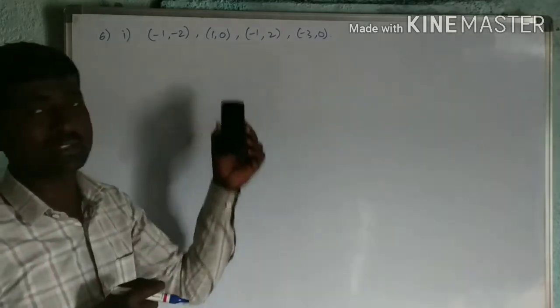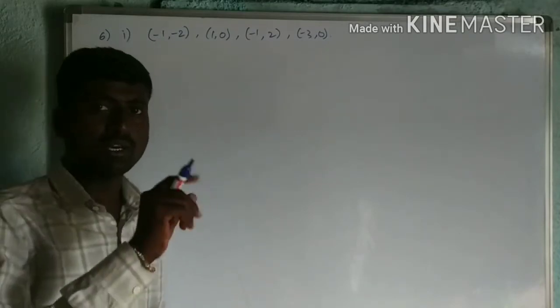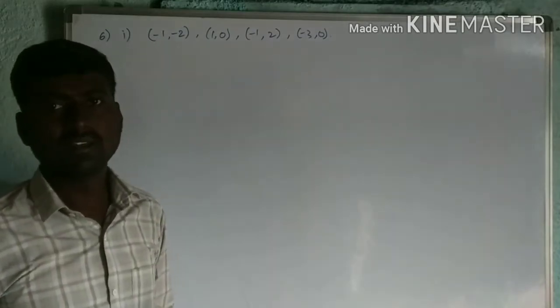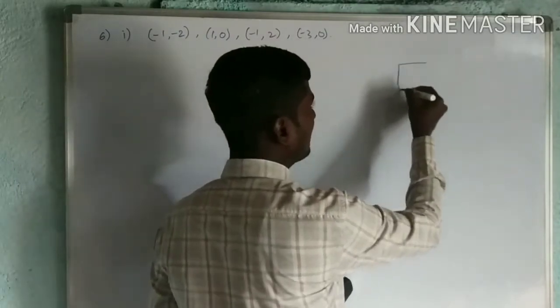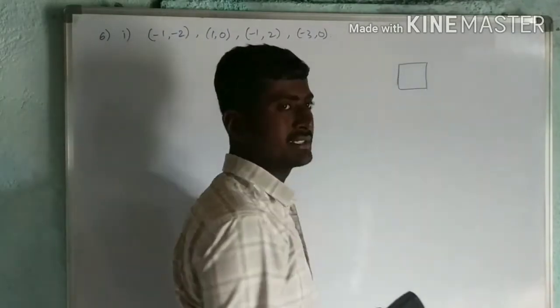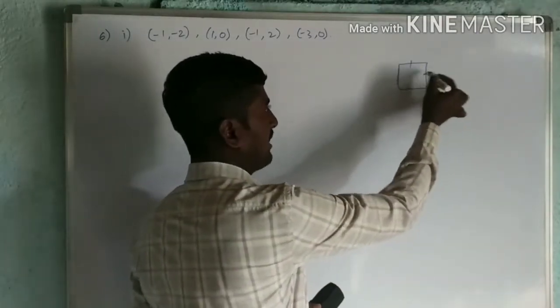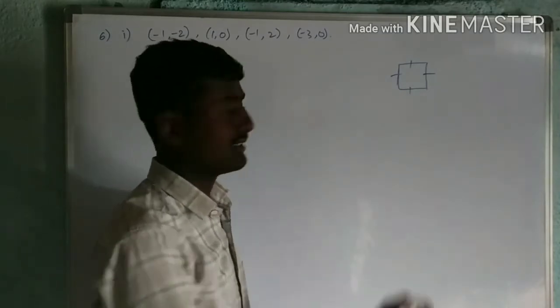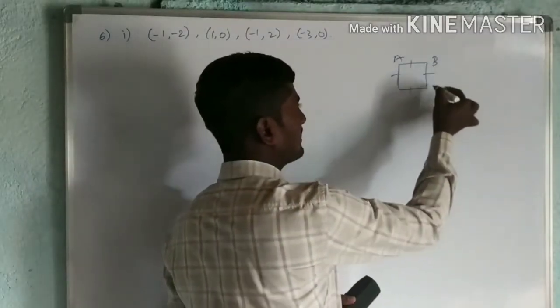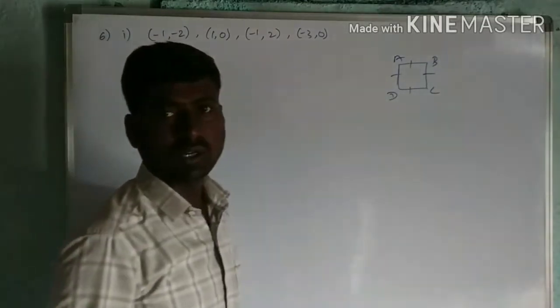To answer this question, first I should know the properties of quadrilaterals. A square is a quadrilateral. The properties of a square are that all four sides must be equal. ABCD are the vertices of the quadrilateral.